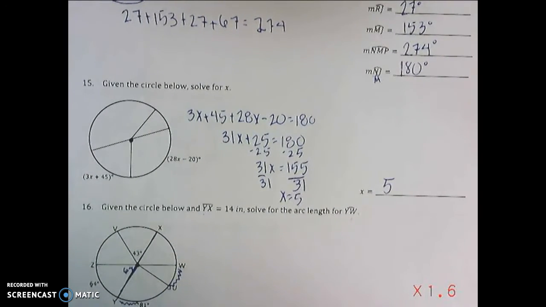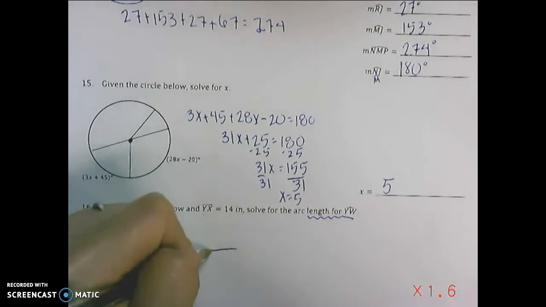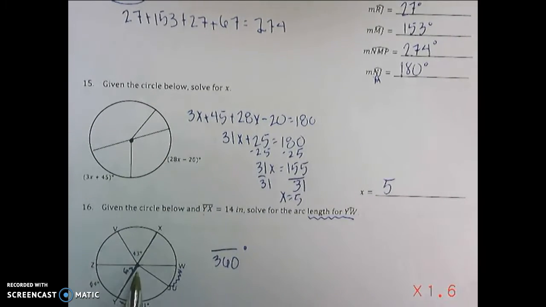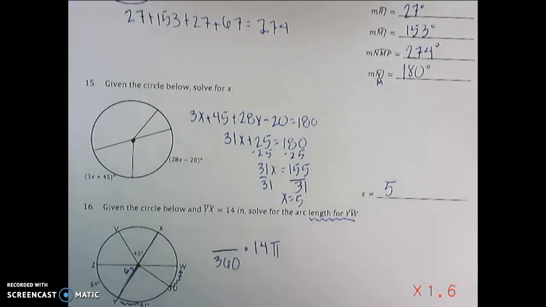I want to find the arc length of YW, which, remember, you guys, you need to take that angle, whatever it is, put it over 360, and then multiply it by the circumference of our circle. Since our diameter is 14, I'm going to need to multiply it by 14 pi.